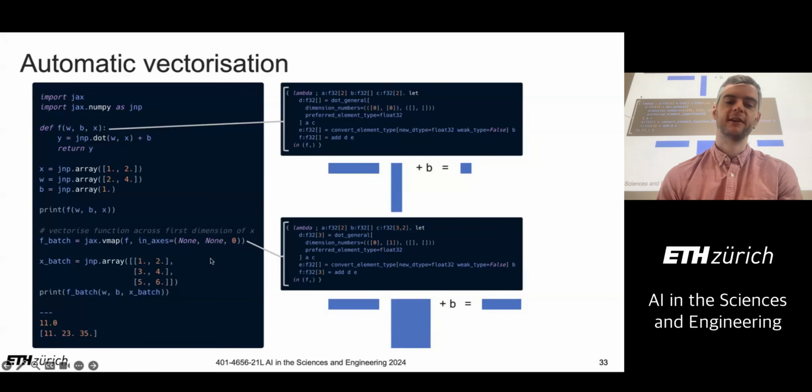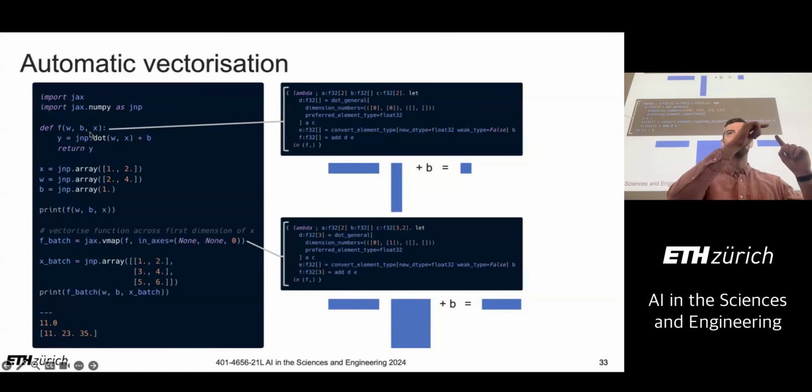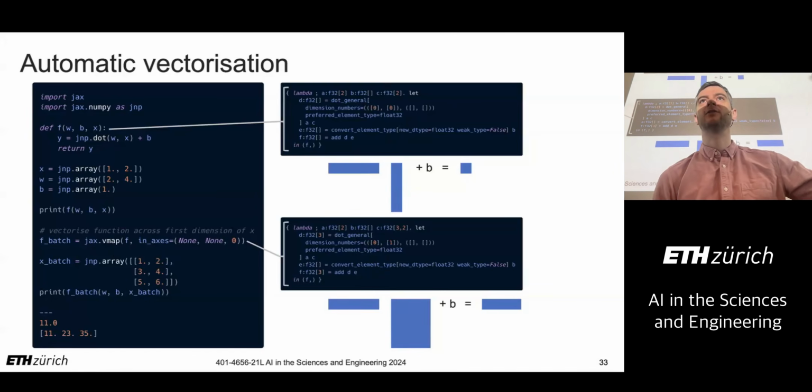What's interesting is that when we vmapped it, it realized that we can still do this as a dot product. Instead of a vector dot product, this is now a matrix product, and this generalized dot product can handle that. What's cool is that it's not using a for loop. The naive way of vectorizing this function would be to say for i in range n, call this function with each new X as input.